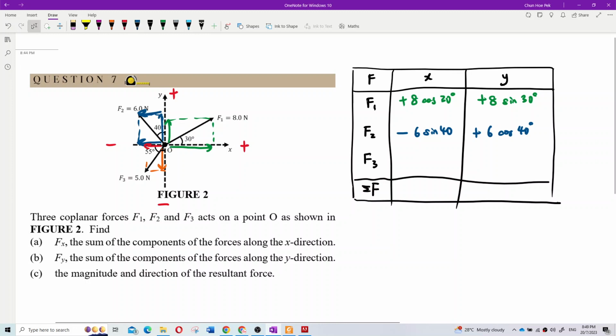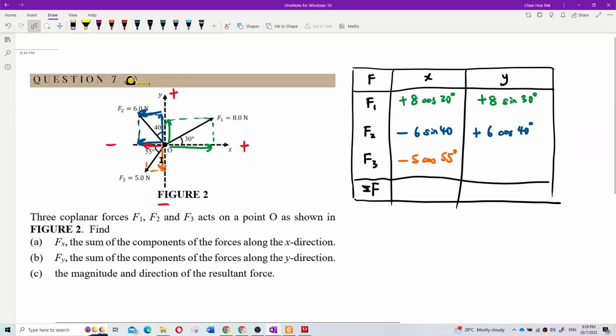And it is going to the left, so it's negative also. So negative 5 cos 55. Correct, right?